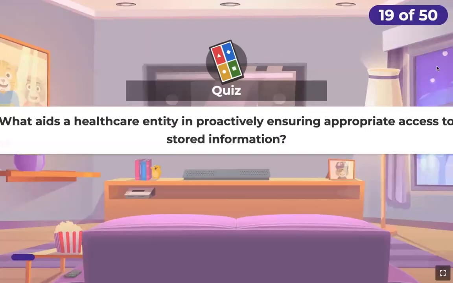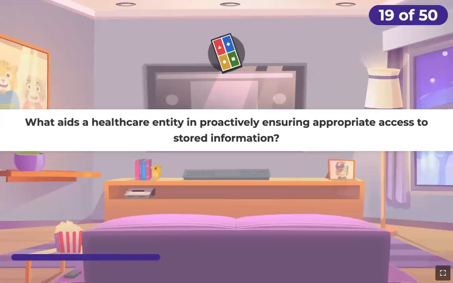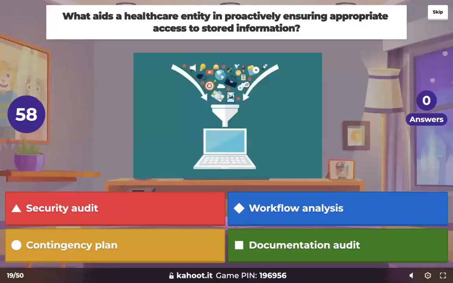Learn something new today. All right, what aids a healthcare entity in proactively ensuring appropriate access to stored information? Now read that carefully.